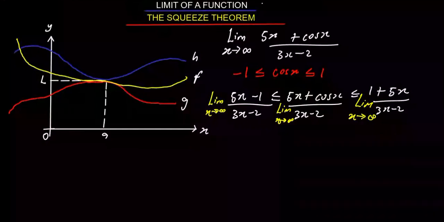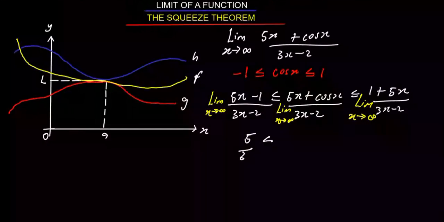Now, remember our shortcut: if the limit tends to infinity, what happens? We just pick the coefficient of the highest powers of x here, which is 5 over 3. This one also 5 over 3.